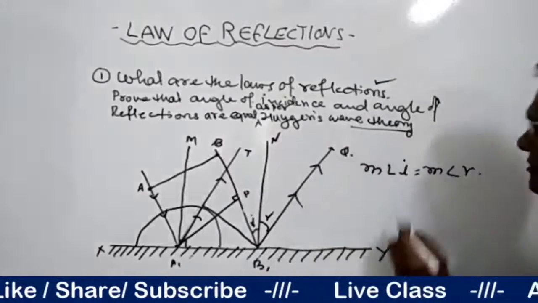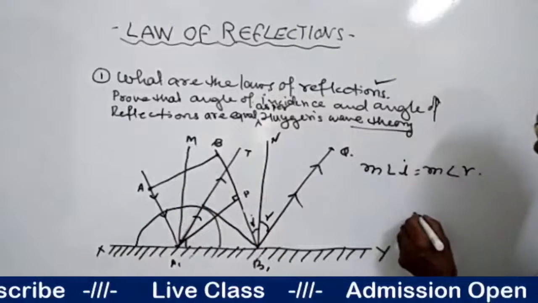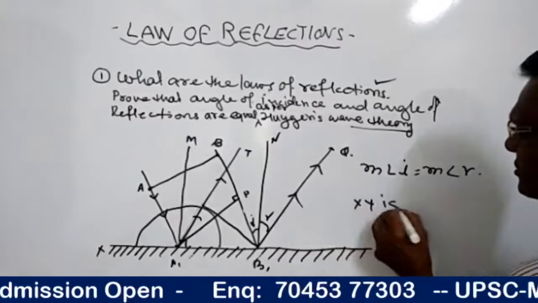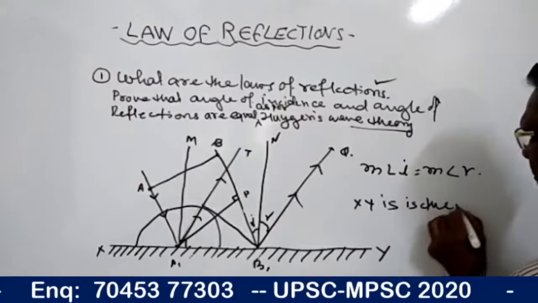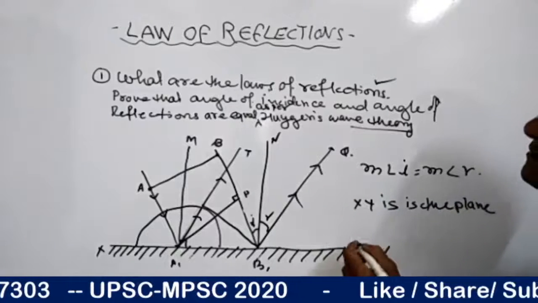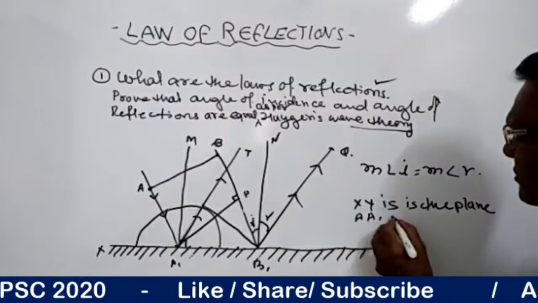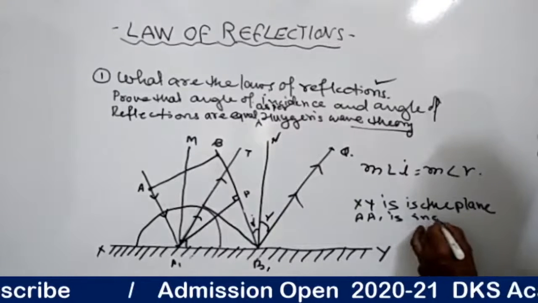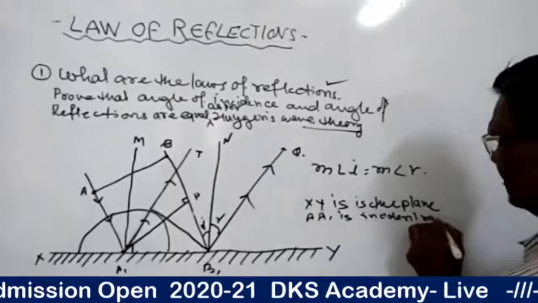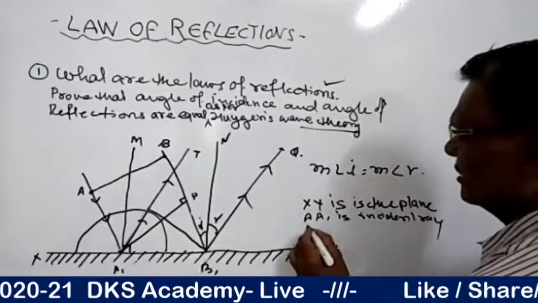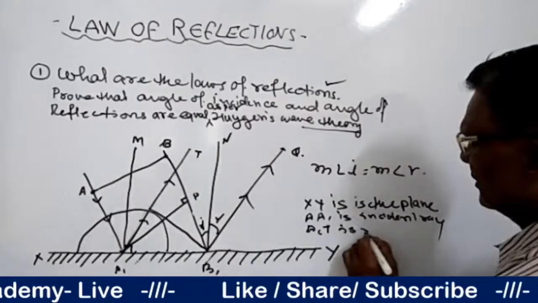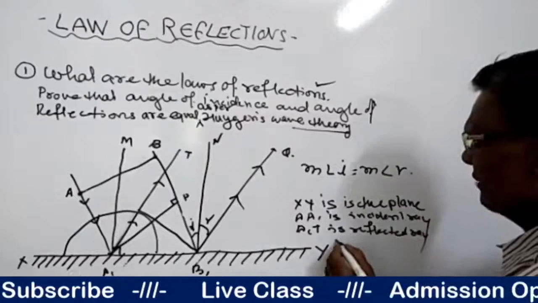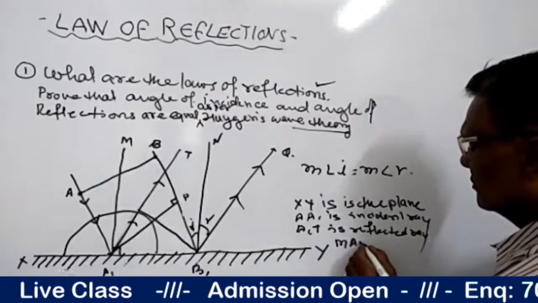So first we will see as per the diagram: XY is the plane, then A1 is the incident ray, then A1T is the reflected ray, then MA1 is the normal.